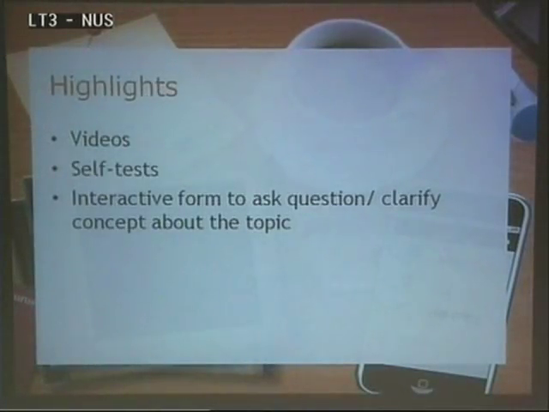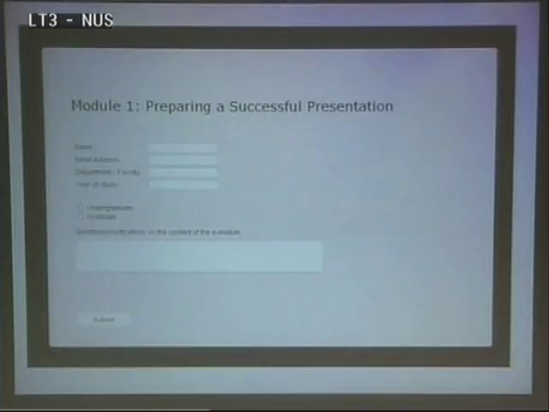And lastly, you would have a way here to ask questions or clarify some questions to the lecturer. So this is how the form would look like. In case you have any questions regarding the topic, you can get in touch with the presenter, all right?